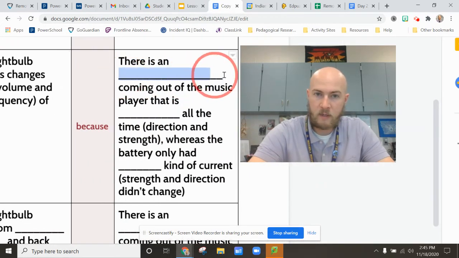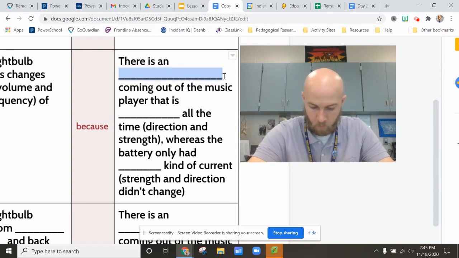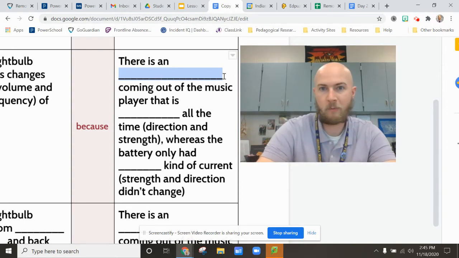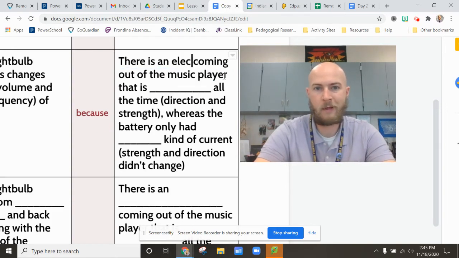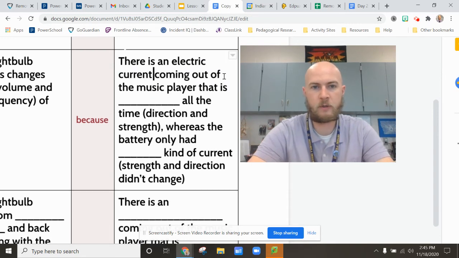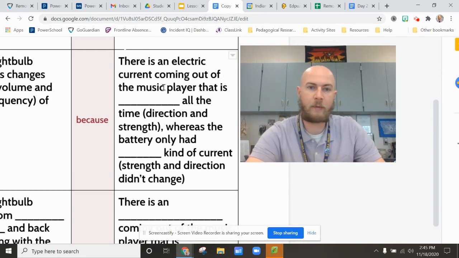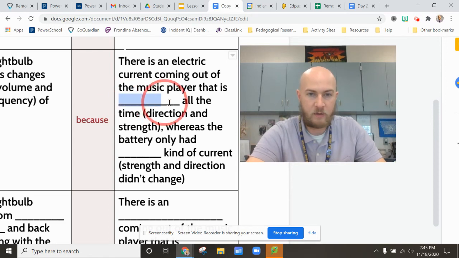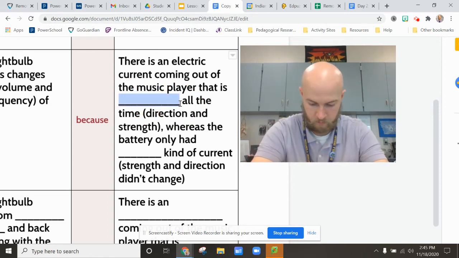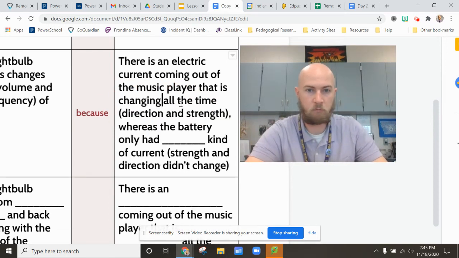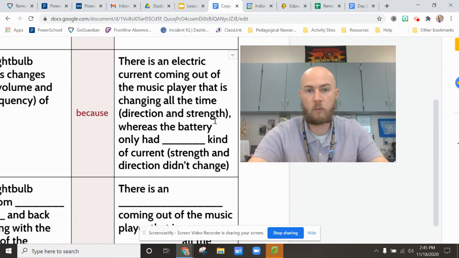Now, why was it changing brightness? Well, what's coming out of the music player? The electric current. So there is an electric current coming out of the music player that is changing all the time. And it's changing in direction, but also in strength with respect to our volume and our frequency.